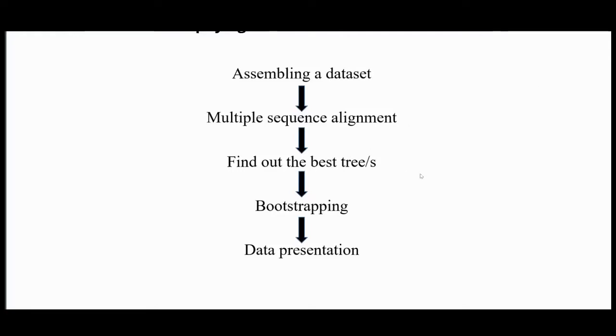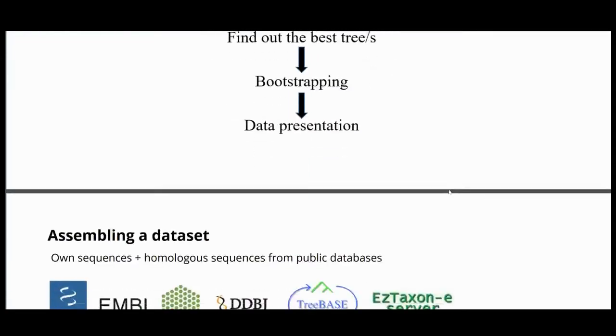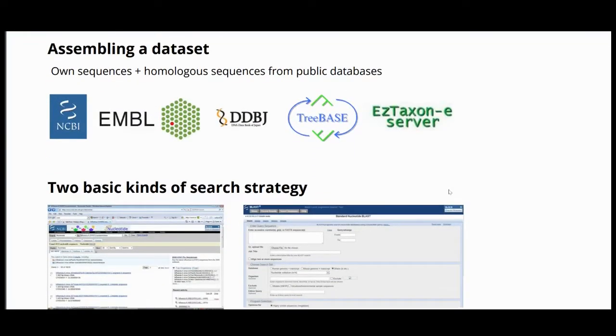Once you create a multiple sequence alignment, you have to find out the best tree or best trees using tree building methods. Once you get the best tree or best trees, you have to evaluate that branching pattern for statistical support. That is done by bootstrapping. Finally, once your tree is there with bootstrap values or statistical support values, you have to present it in a very professional manner, in a scientific manner.